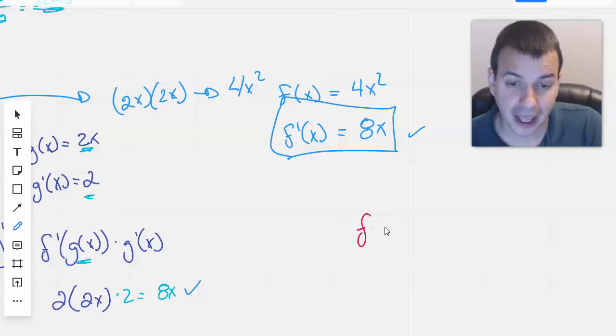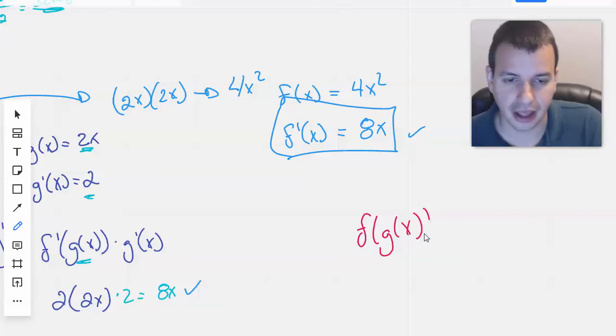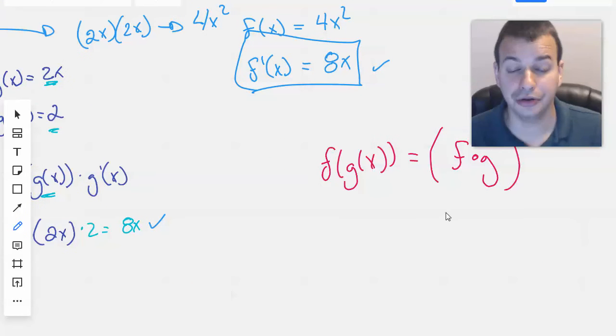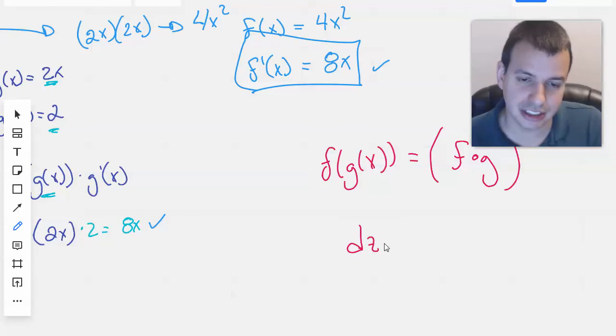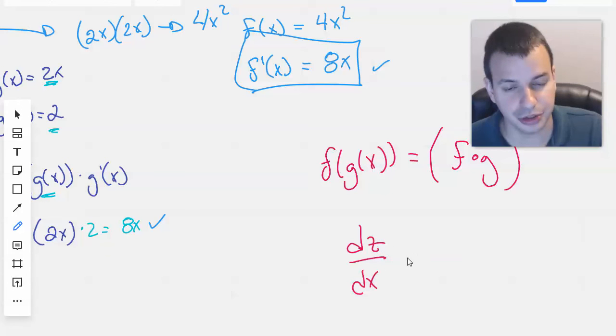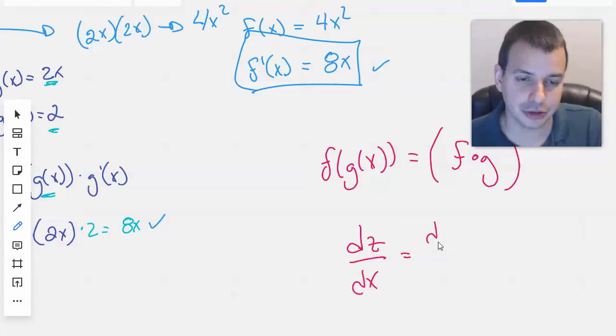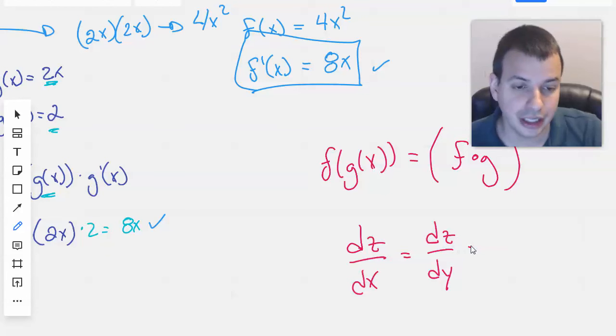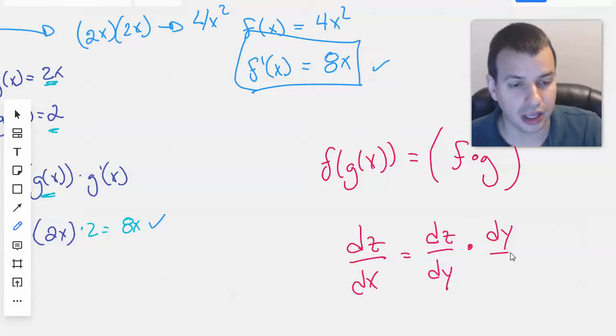Okay, so f of g of x can be written as, and you'll see this notation sometimes, f circle g. Same thing, exact same thing. You'll also sometimes see something like dz dx, where you have a function of z, and you're taking the derivative of the function with respect to x, and this would be the same as dz dy, the derivative of z with respect to y, times the derivative of y with respect to x.